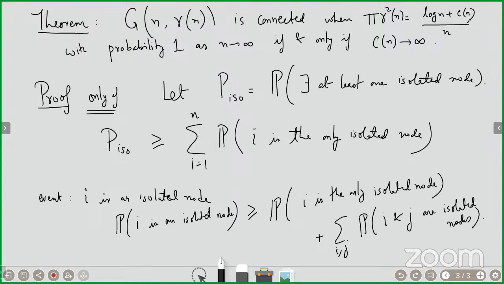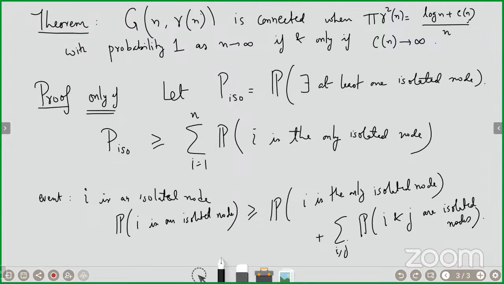So that thing is a union of these; there are many other things also, the triplets and groups of four and so on. Here, I'm counting two at a time. So it is a minus sign.